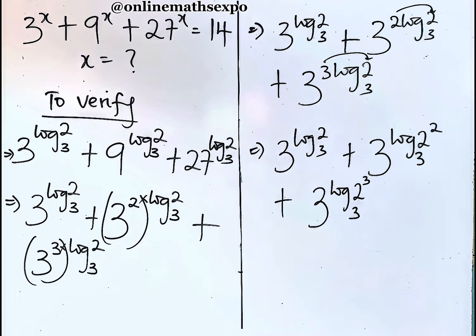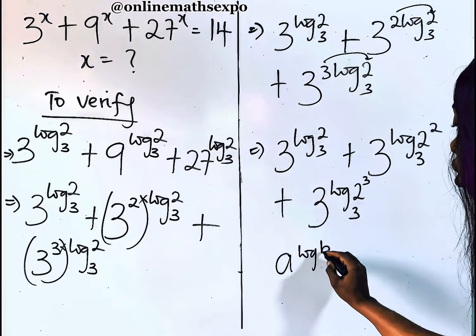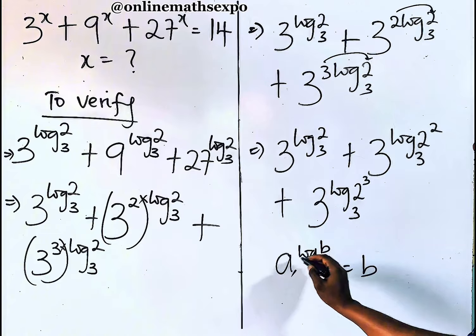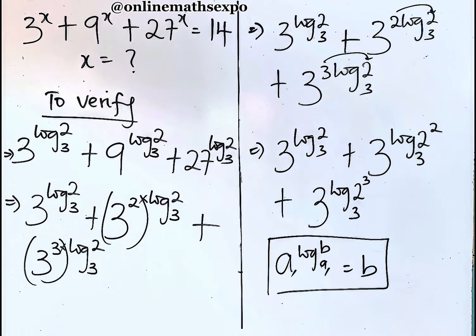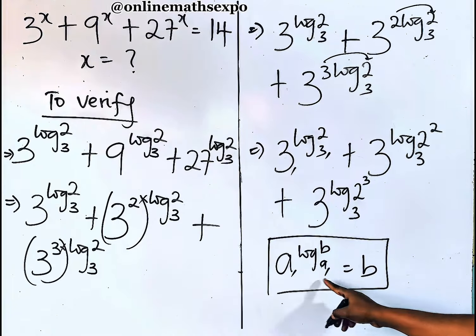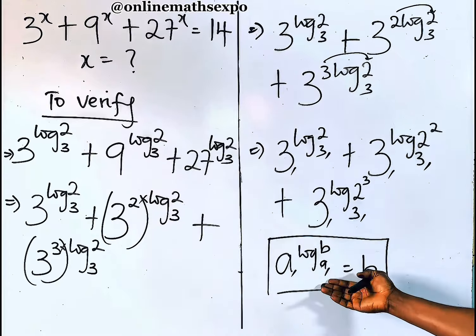Now at this point, just remember, for every a to the power of log of b base a, these two are the same. It gives you this number b. So we're going to apply this rule to help us to solve. If you look at this, you observe that these two bases are the same, these two are the same, and these two are the same. So apply this rule here.